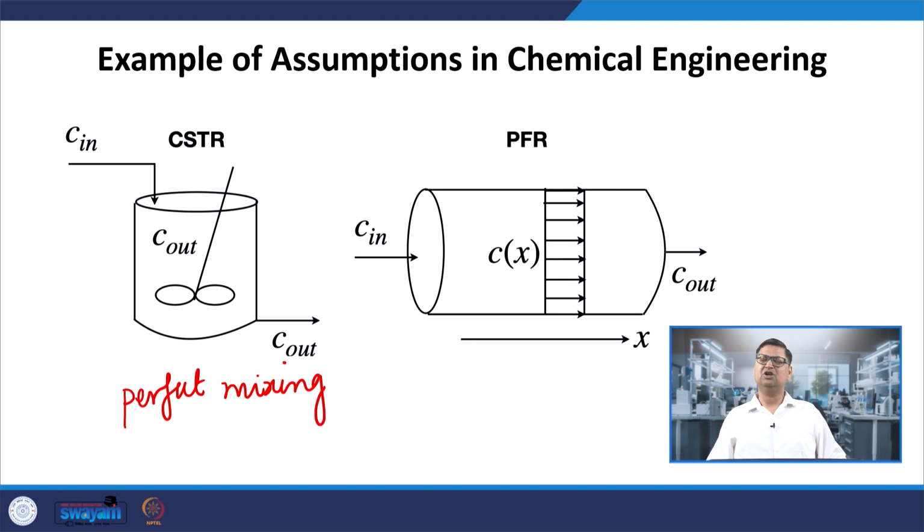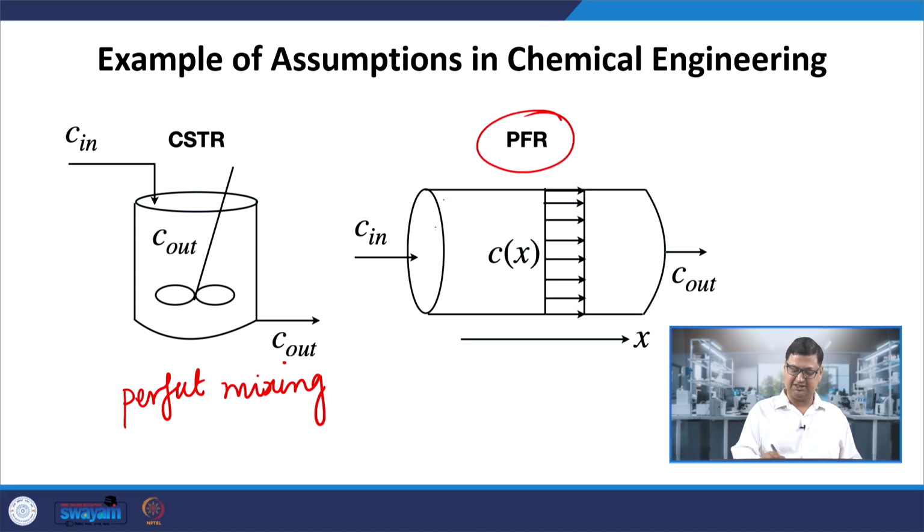Nonetheless, this model of a CSTR, continuous stirred tank reactor, does predict for many cases behavior that is quite close to what is found for experimental reactors. And if it does, then this model is okay. We know from the beginning that perfect mixing is almost impossible to achieve, but nonetheless, if it is working, what is the problem with that?